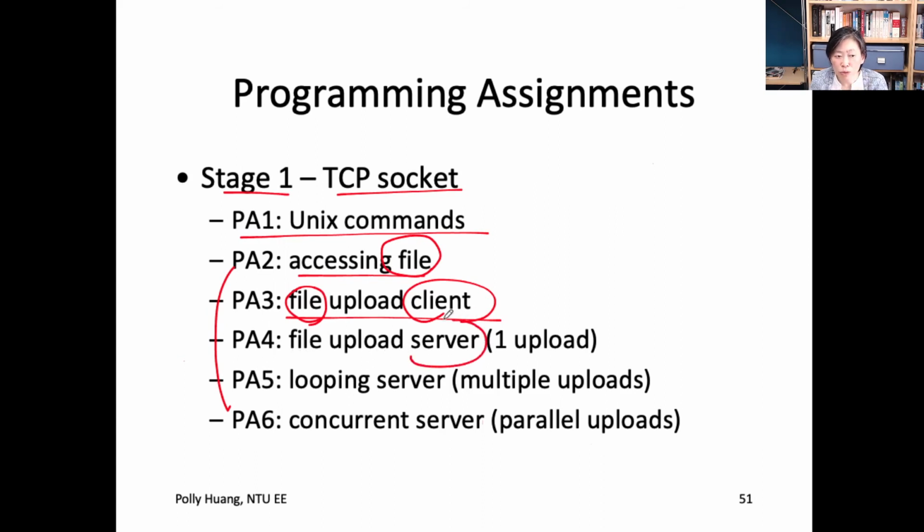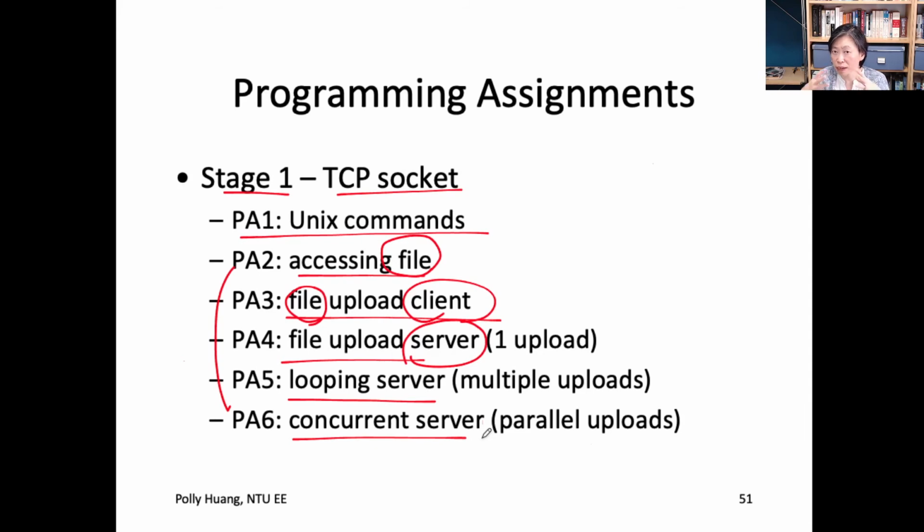PA4 is actually the hardest assignment. You try to write a server for the file upload service. Okay, and then you try to extend the upload server so that it can work non-stop. The point of calling a program a server is such that it's running 24/7 non-stop. Whoever is asking for service, the server will be there to answer and provide service.